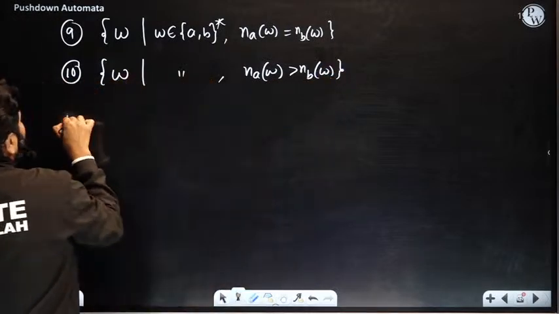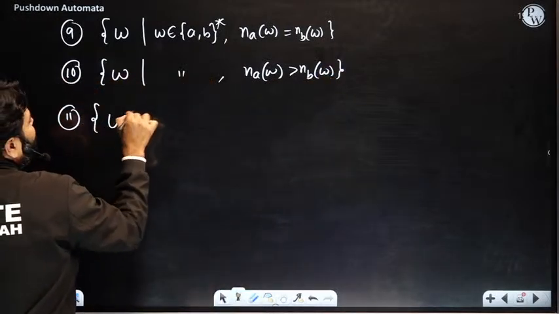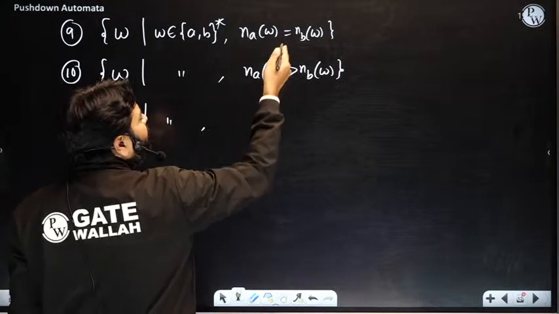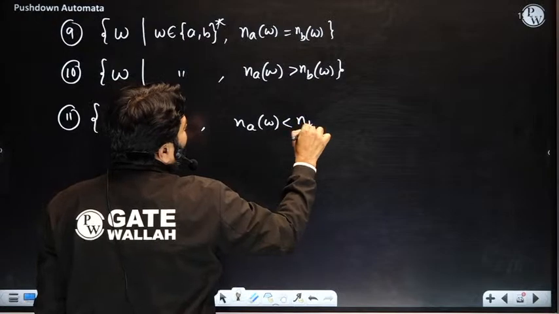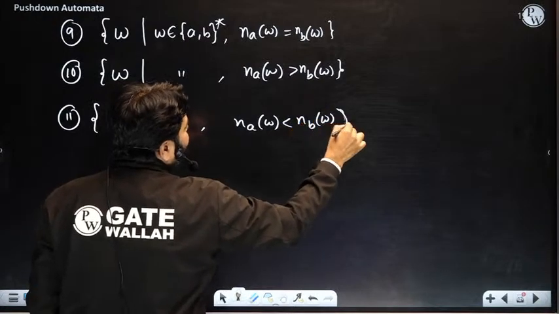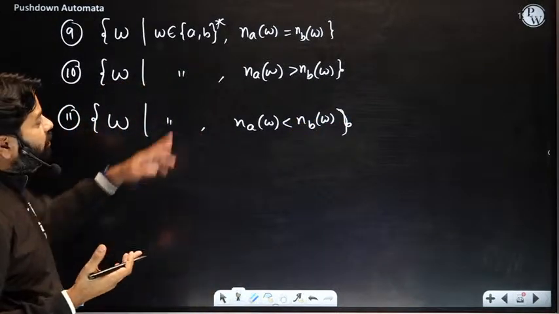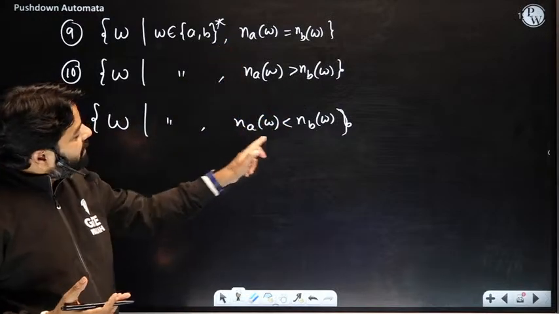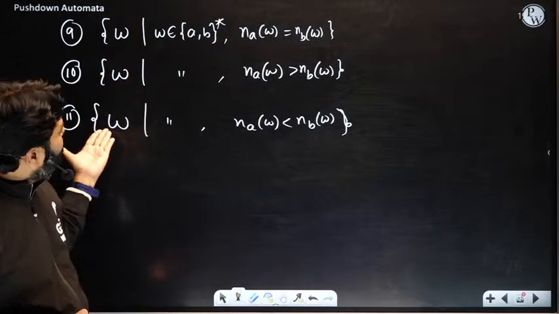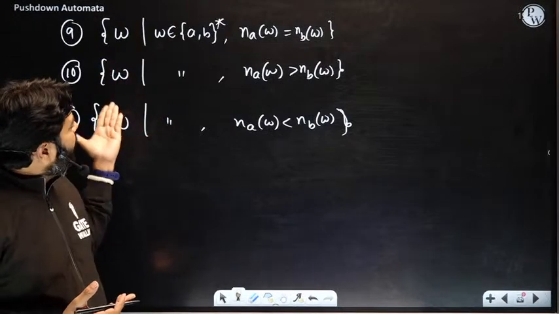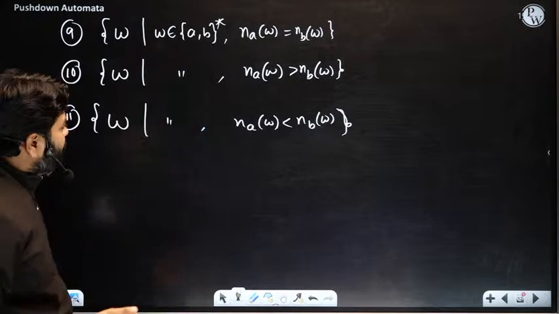But what is the difference now compared to the previous problems? There also we were checking equal, greater than, less than, and here also we are doing it. What is the difference? There we were checking a equal to b, a greater than b, a less than b, but that was a power n b power n. This is not a power b power, this is any string in the world over a comma b.